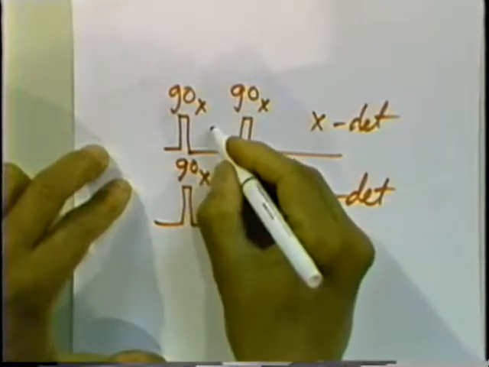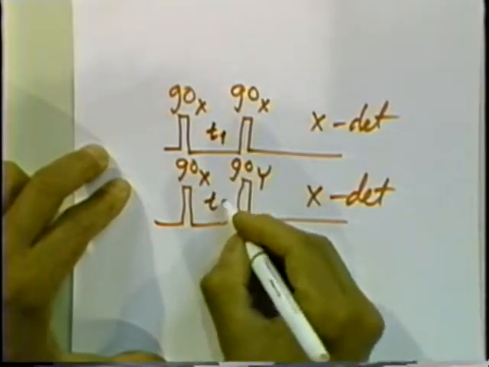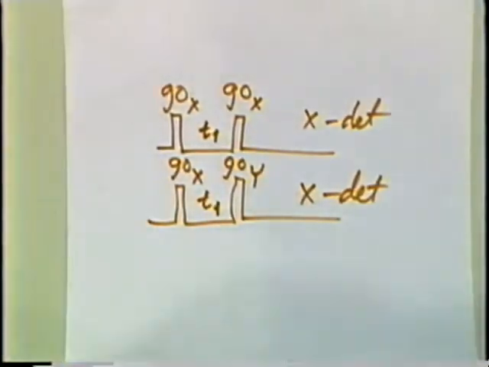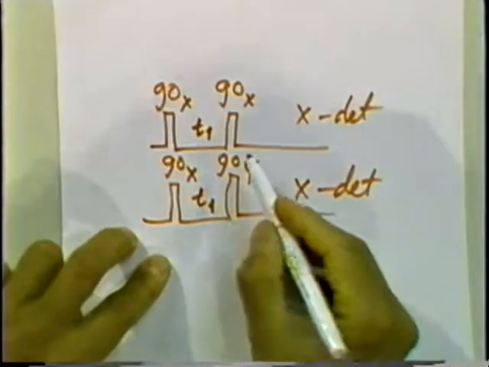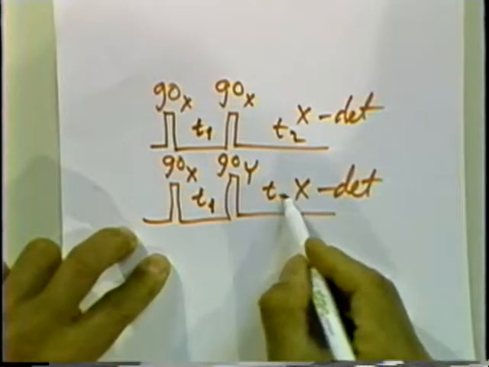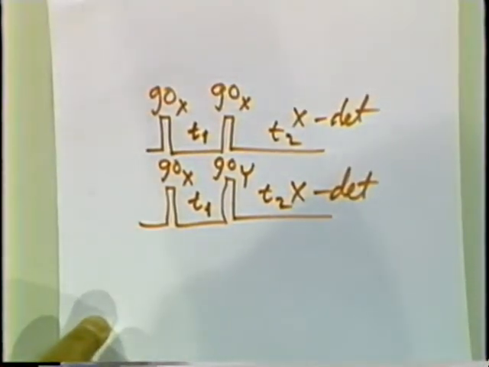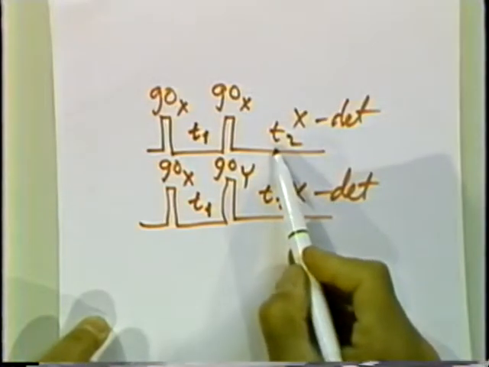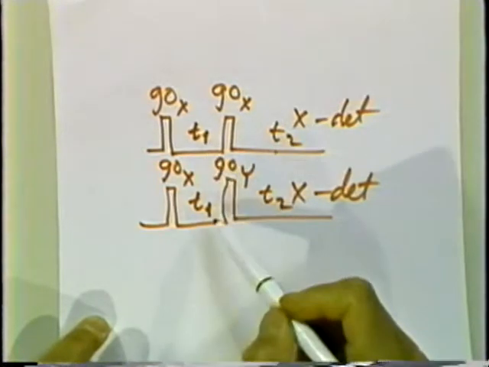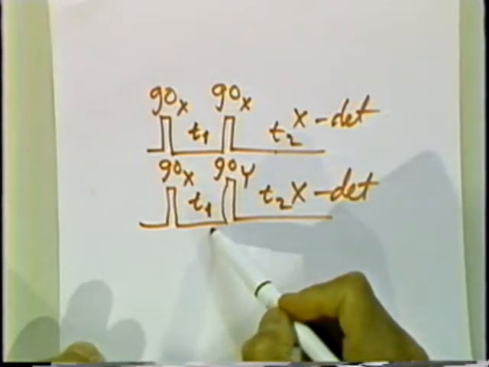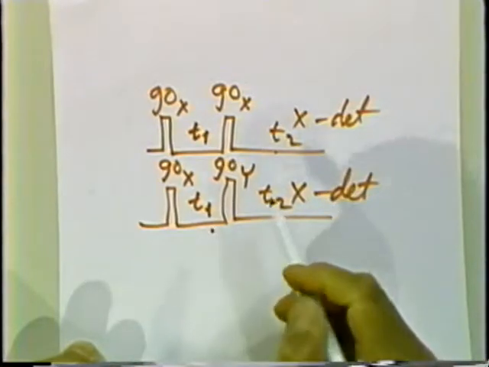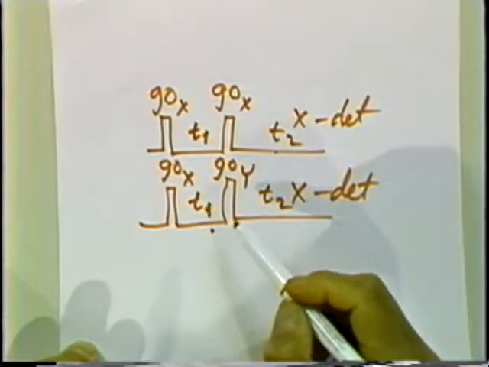You have to do these two experiments for the same value of T1, and must keep them separately in memory. You can do quadrature already in T2, and you see what you have now. You have four parts of the signal: quadrature signal in T2, and two different experiments in T1. So you have quadrature signal in T1 as well as quadrature signal in T2. Is that clear?